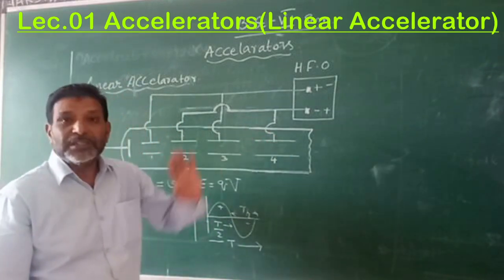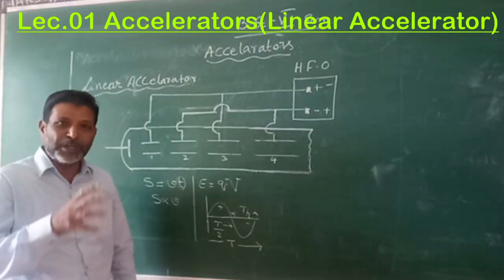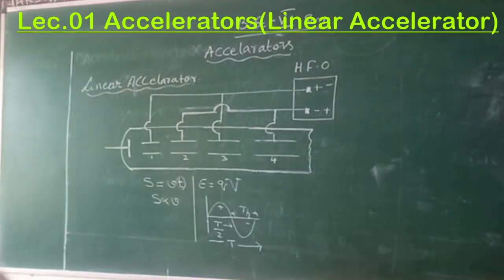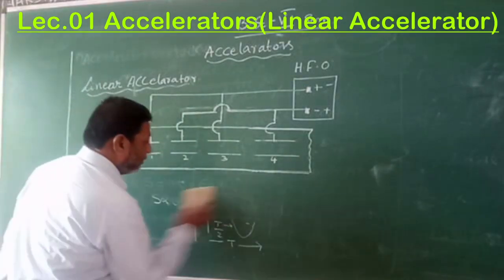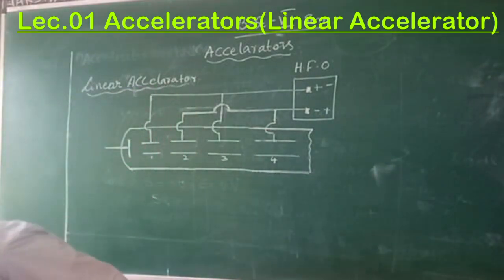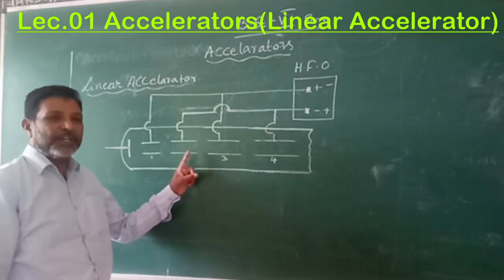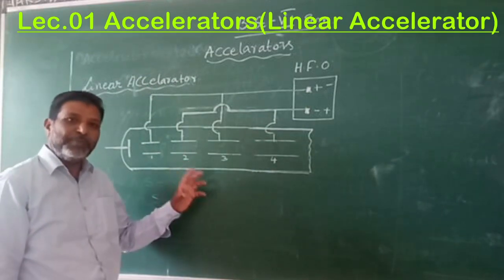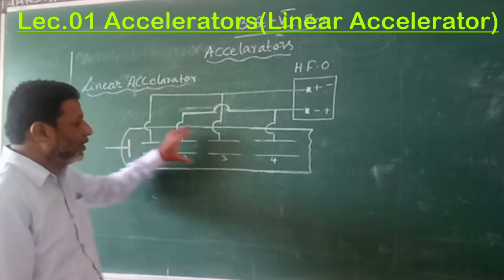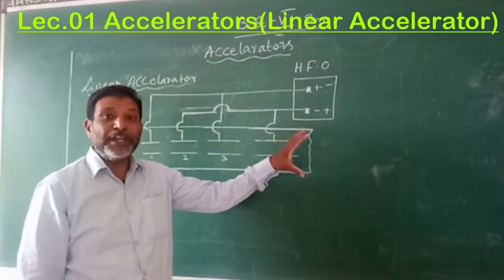Now these are some of the important points during the discussion of this linear accelerator. Now here, the construction of the linear accelerator is shown in the figure. All of you be serious here. It consists of a hollow vacuum tube.